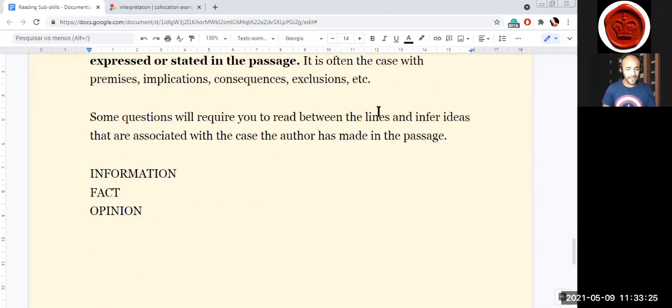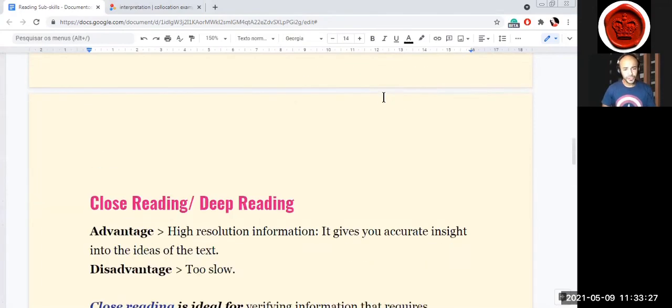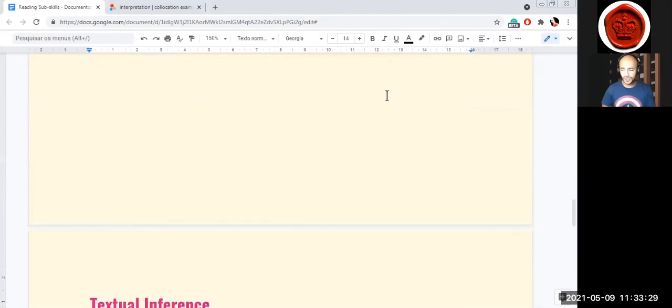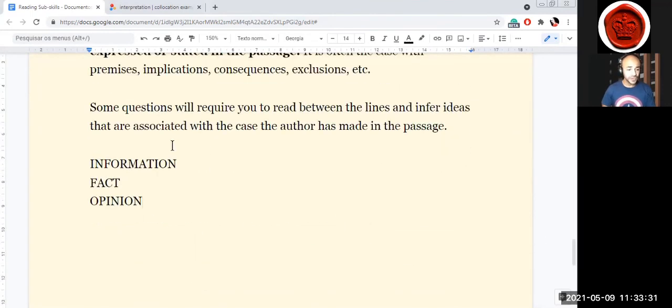So as you can see, there are two subdivisions in these two groups. One is concentrating on information and verifying whether the information was given or not, and the other on verifying facts or opinions and whether they are stated in the question as they were supposed to be in the text.